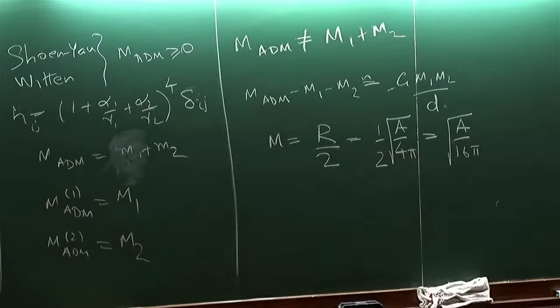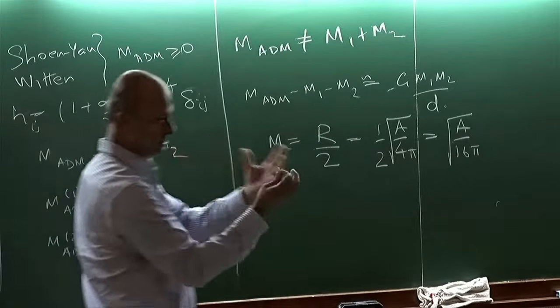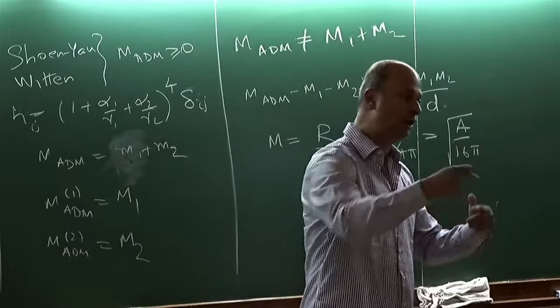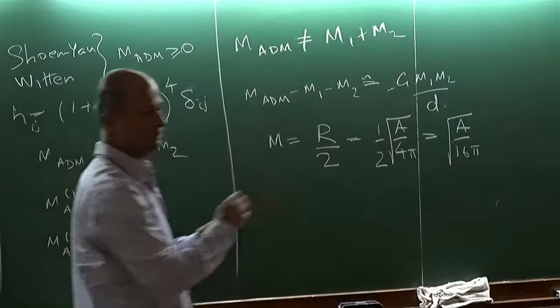So this is to motivate you that there is something physical about this monster itself. It is telling you what the mass of this black hole is without having to do the ADM mass calculation at these punctures.